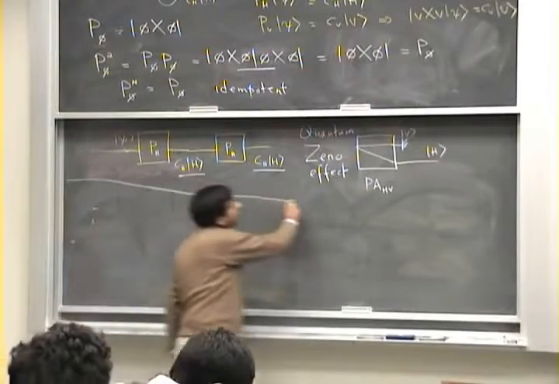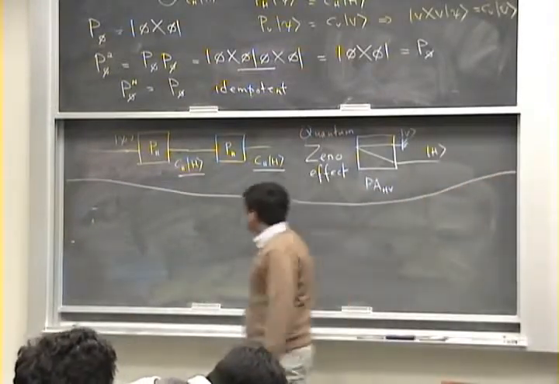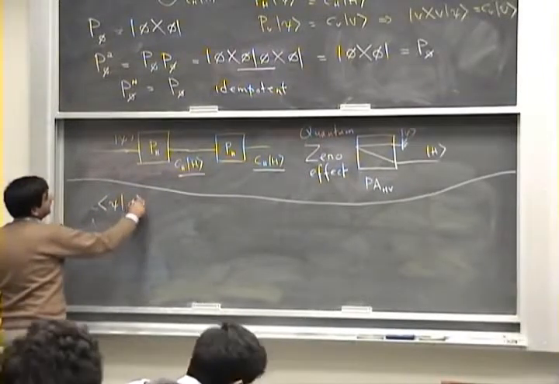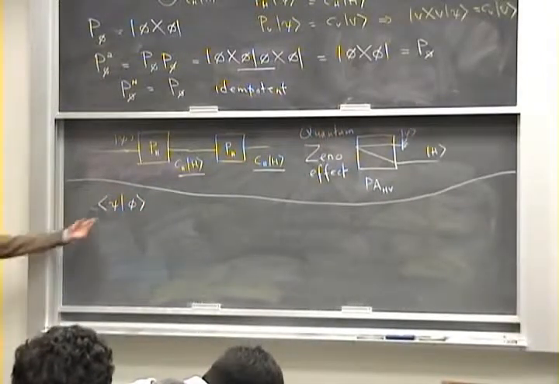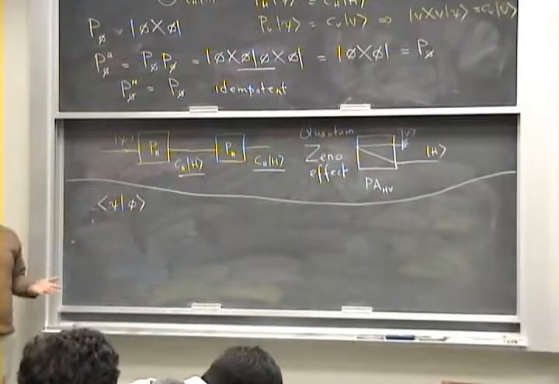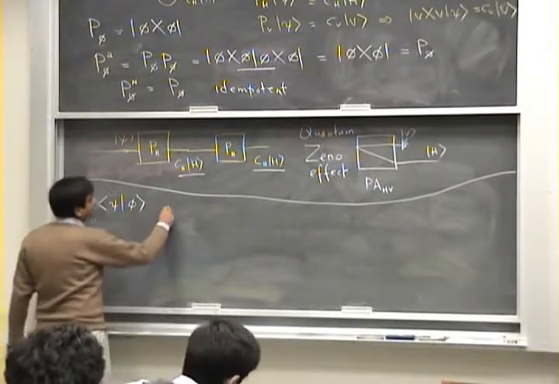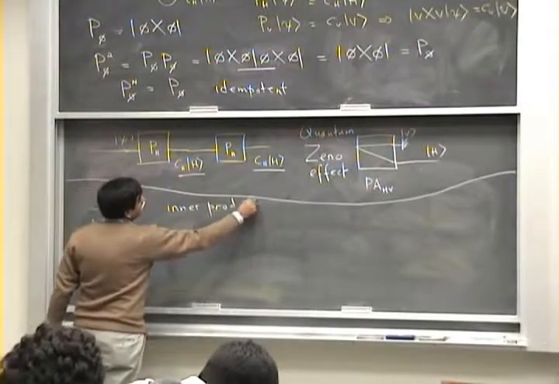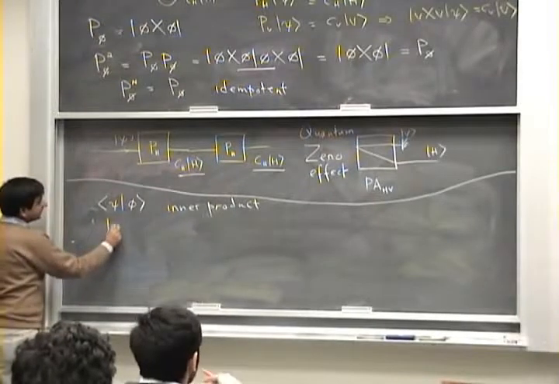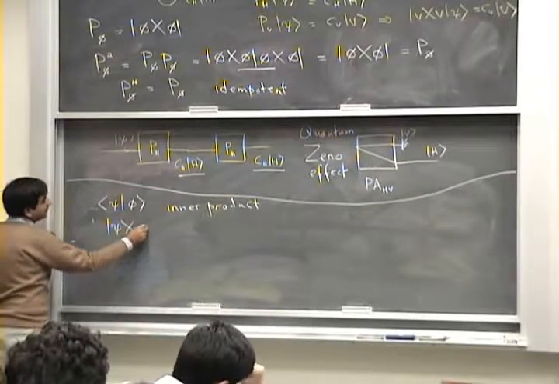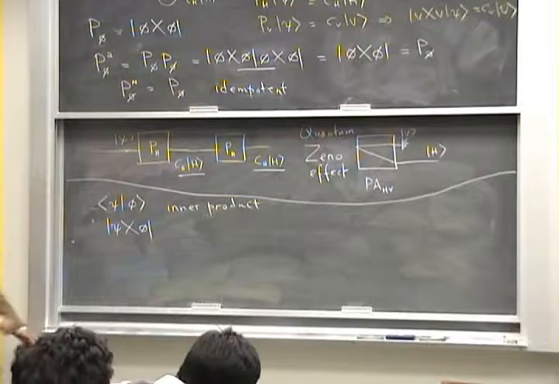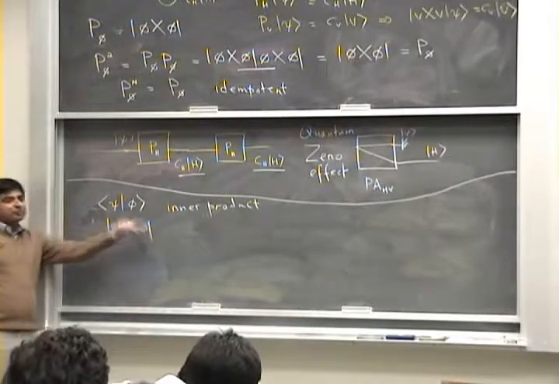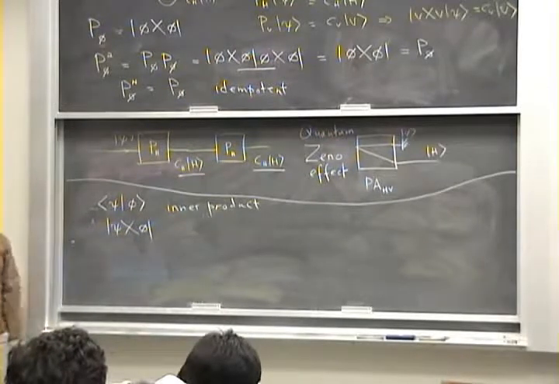Okay, another interesting observation. We know that this product between two kets is called an inner product. I have ket psi, ket phi, I take the inner product, it's a number, it's a scalar. Now an object like this, a ket followed by a bra, is not a number, it's an operator.